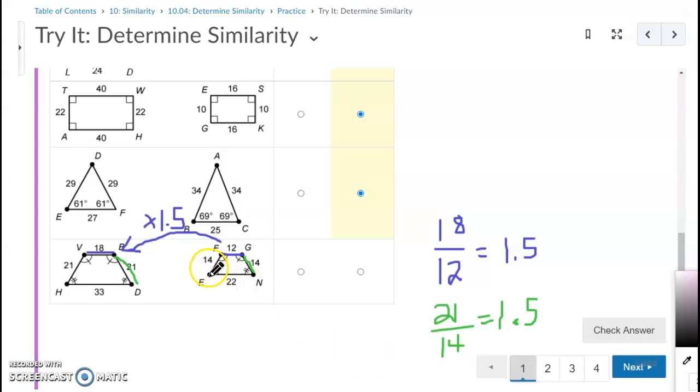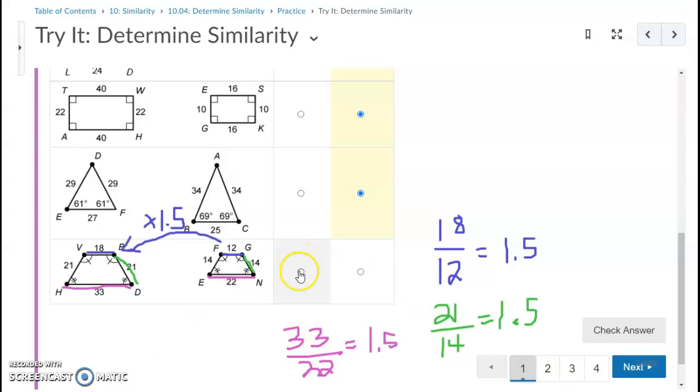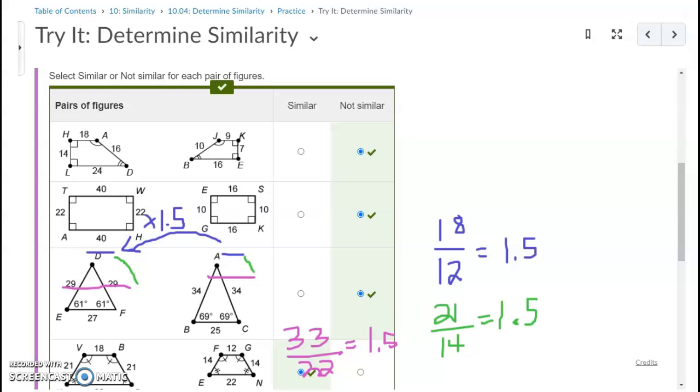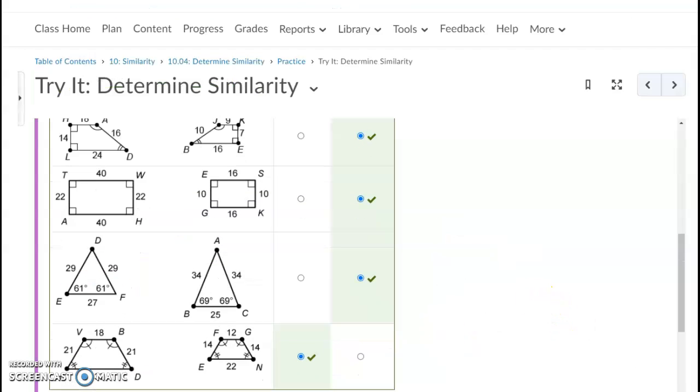The bottom side here, I don't need to do the 14 and 21 again on the other side of that trapezoid. 33 divided by 22, that's in a calculator also going to be 1.5. So all of them have the same scale factor, and we get that those ones are going to be similar to each other. And those were all correct.